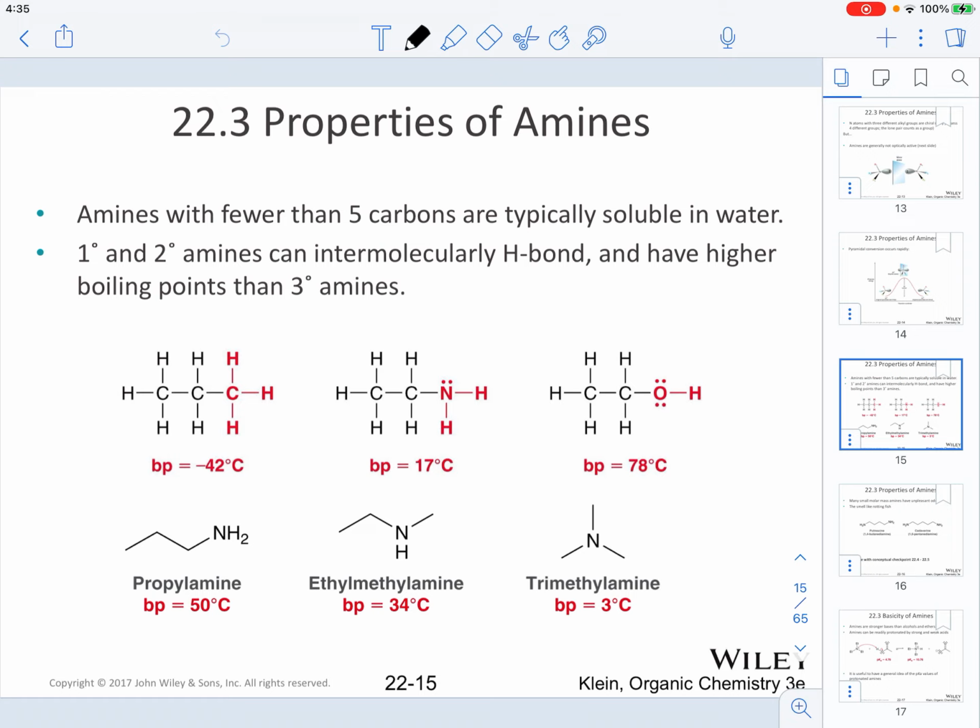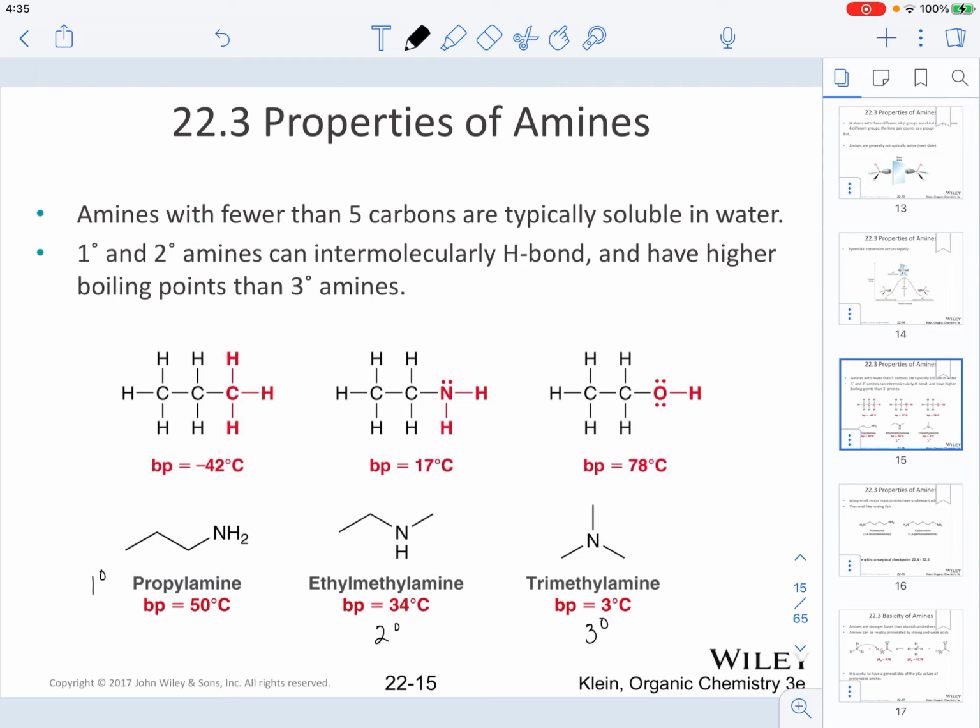So if we compare the boiling points of a primary amine to a secondary amine to a tertiary amine, we see that the primary amine has the highest boiling point. And again, it comes from the attractive forces, the hydrogen bonding events that are occurring.